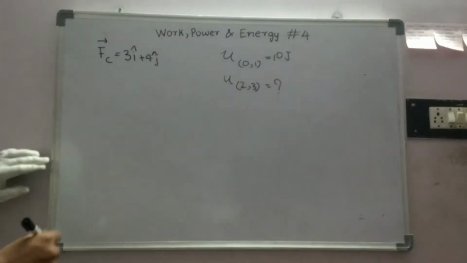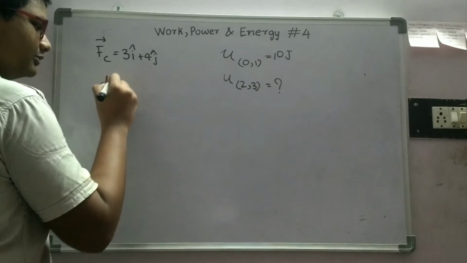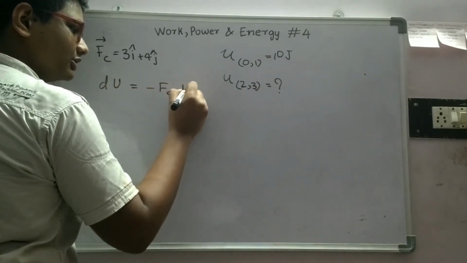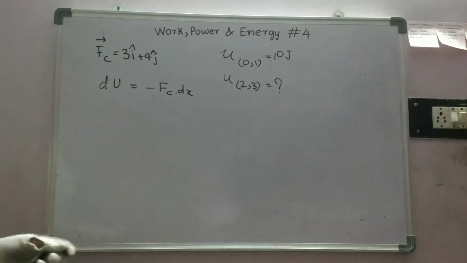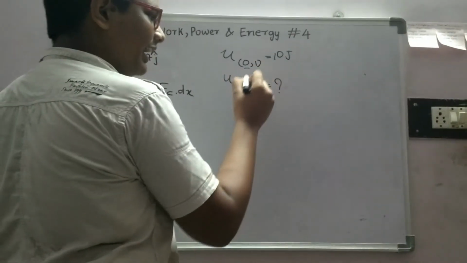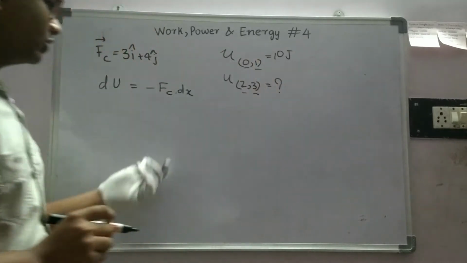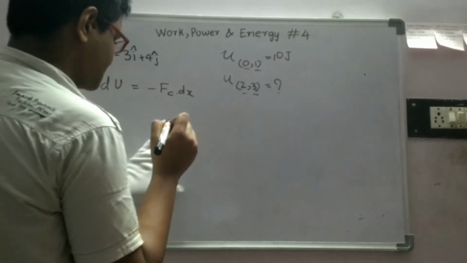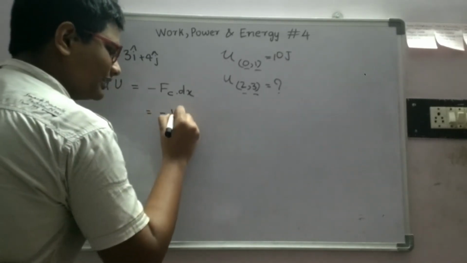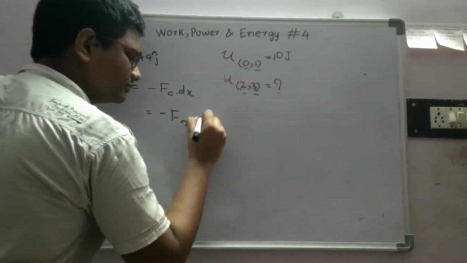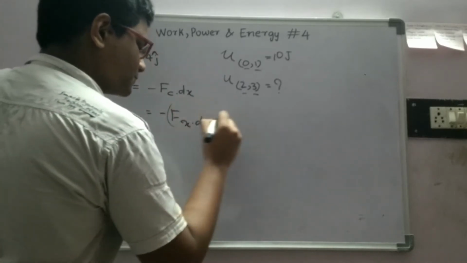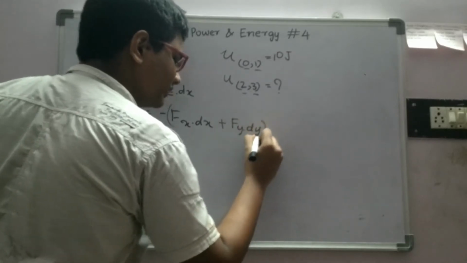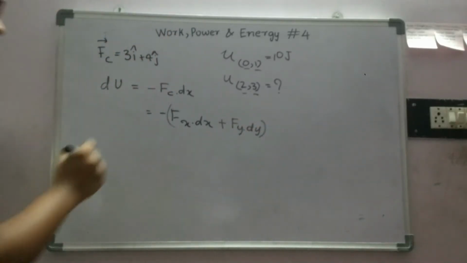Now we know that change in potential energy is negative work done by conservative forces. Now here we are given x as well as y. So let us divide this as minus force in x direction, force in y direction into displacement in y direction. This is dU.